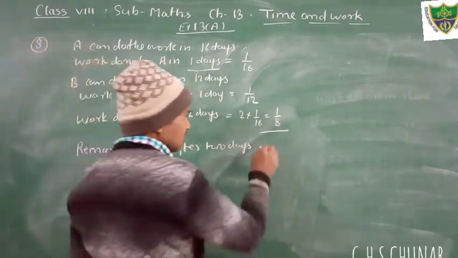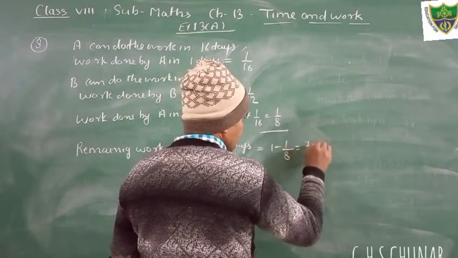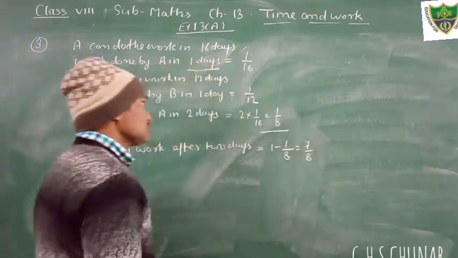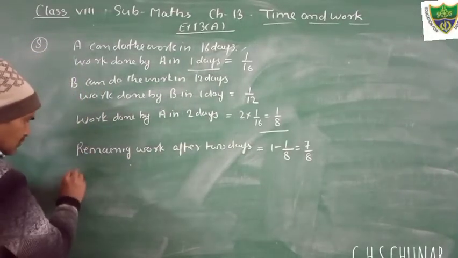So the remaining work is 1 minus 1 upon 8. It is 7 upon 8.